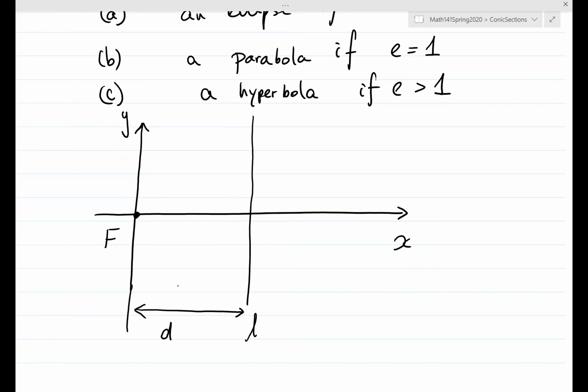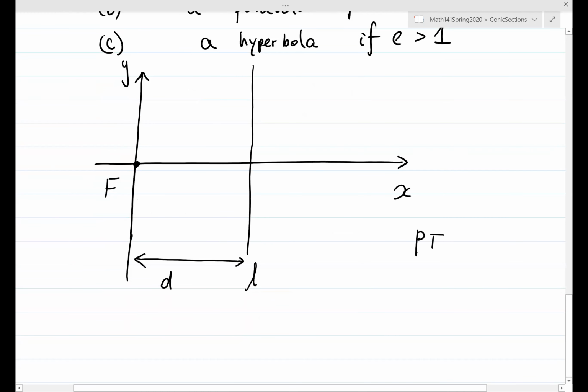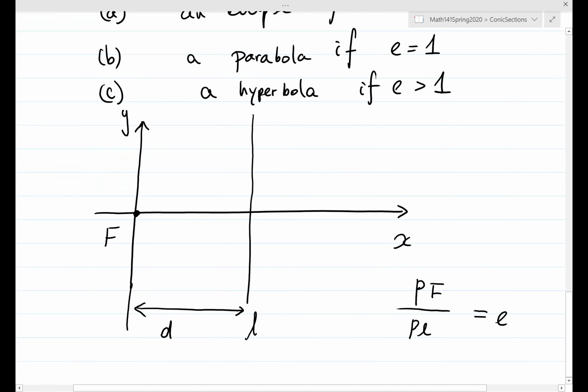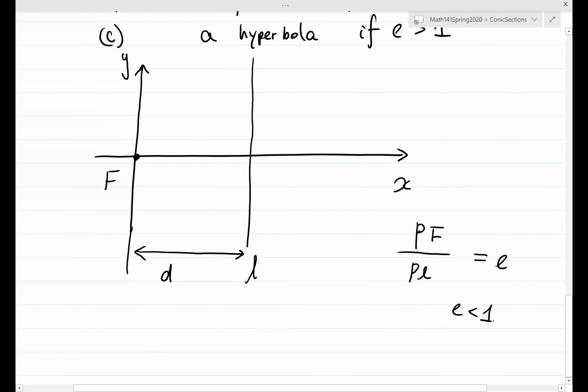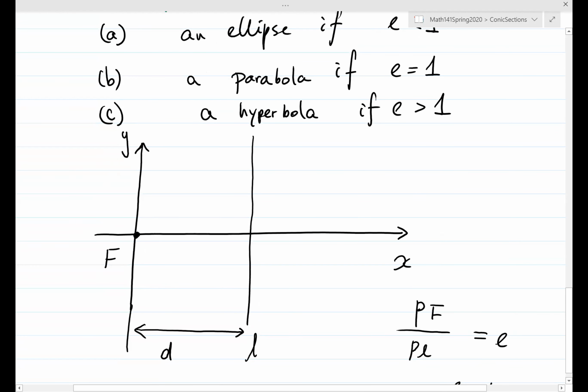Now suppose we want PF over PL to be E, the ratio is E. Let's assume E is less than 1, so we should get an ellipse.